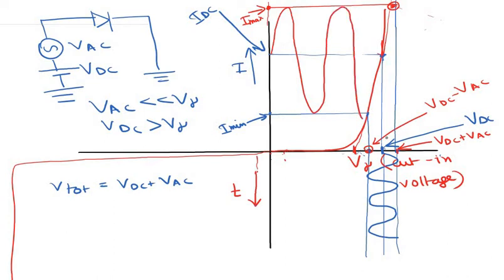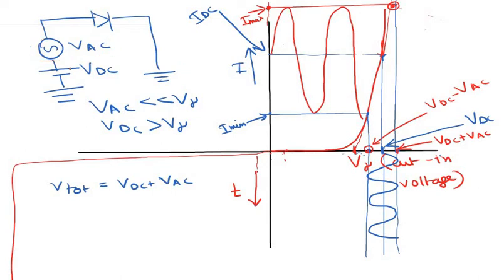Now what is the DC component of the voltage? This VDC is the DC component of the voltage. What is the AC component of the voltage? This VAC is the AC component of the voltage.